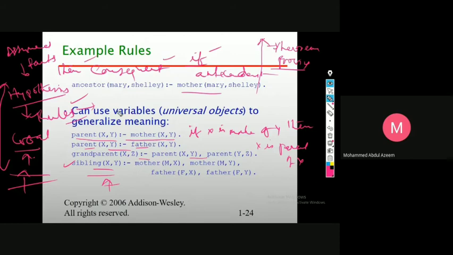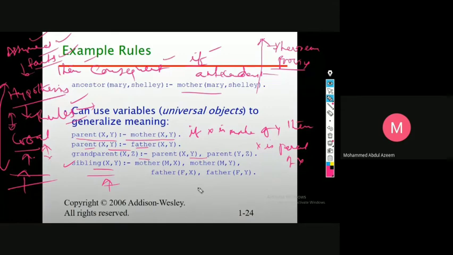So in logical programming, what you do is you first start with some assumed facts, fine, which are assumed to be true. Taking these facts as an initial stage, you then use certain rules in order to reach the goal node, in order to prove the theorem, right?